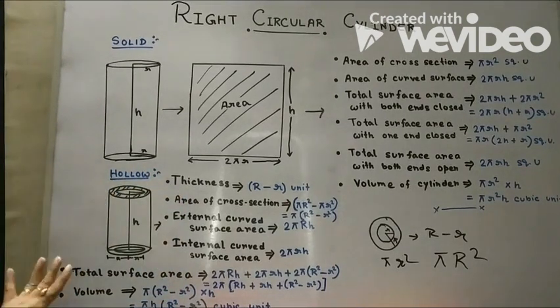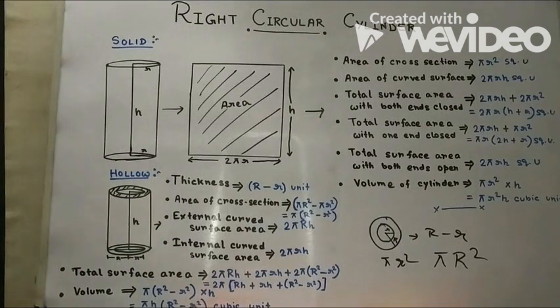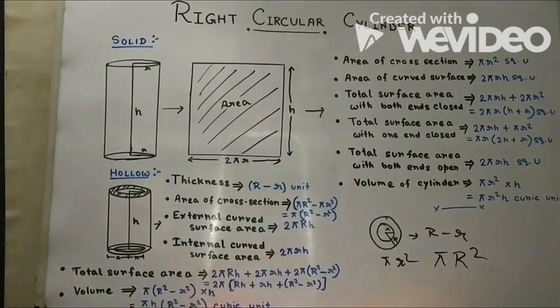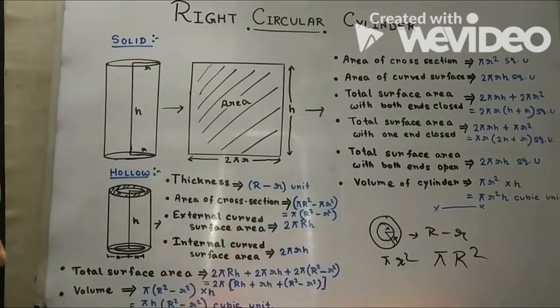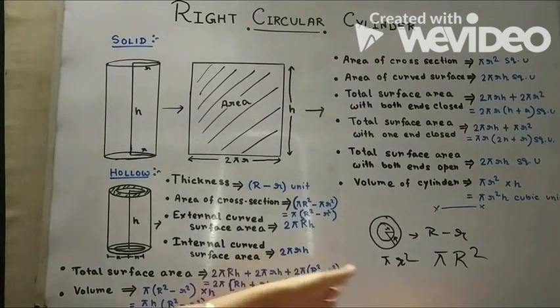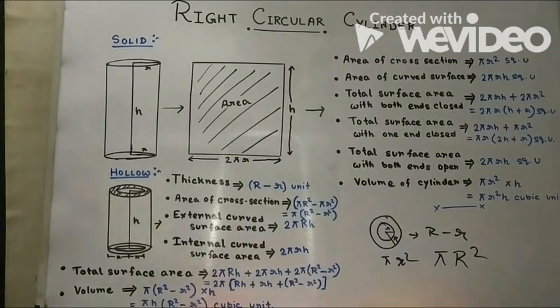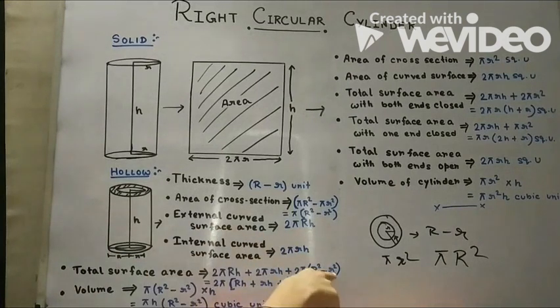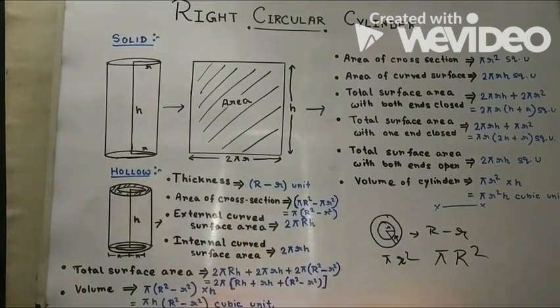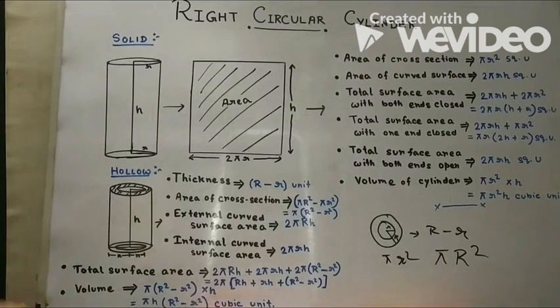So the total surface area will be 2 pi capital R h plus 2 pi small r h plus 2 pi into capital R square minus small r square. If we take 2 pi common, it comes to 2 pi into capital R h plus small r h plus capital R square minus small r square. This is the total surface area of the four surfaces.